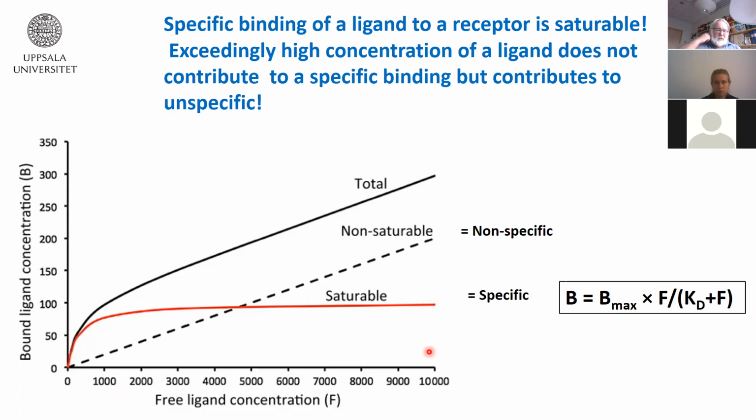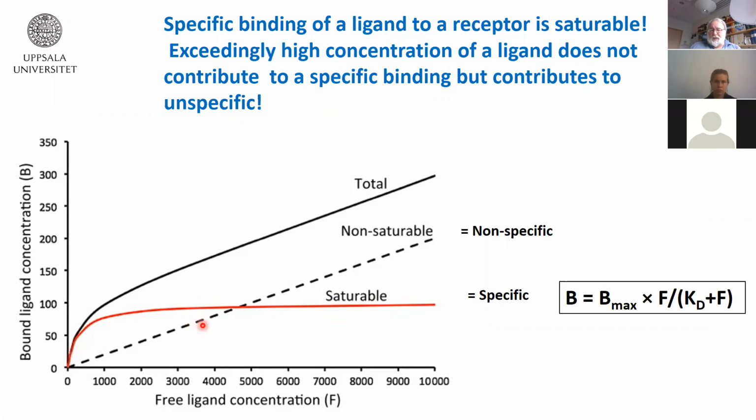And when you reach approximately a concentration equal to 10 times the dissociation constant at equilibrium, the binding will be saturated. So whatever you add to your solution, there will be no more binding.